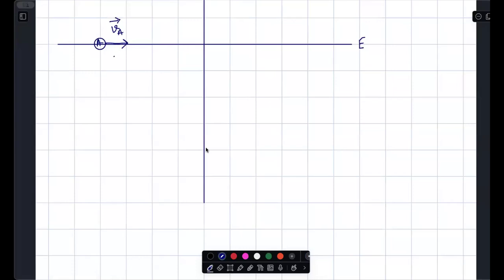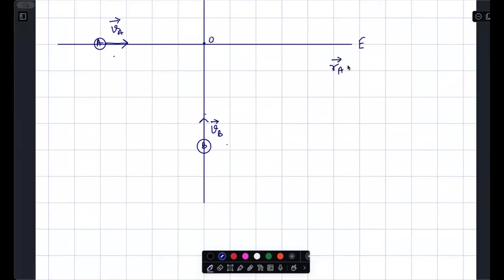And I have another observer B who is moving with velocity VB bar like this. Now we will take this as origin.